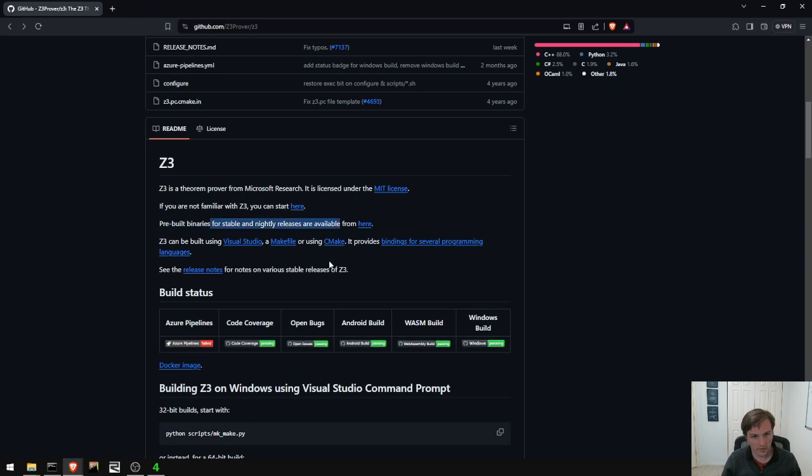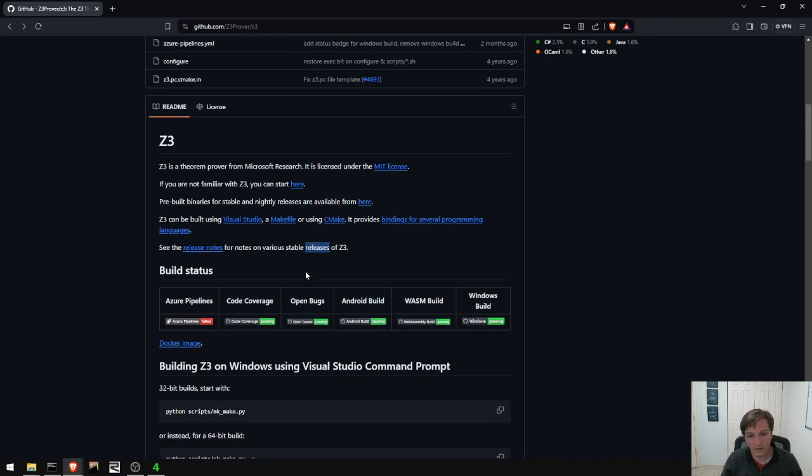Pre-built binaries for stable and nightly release are available from here. Z3 can be built using Visual Studio, a makefile, or using CMake. It provides bindings for several programming languages. So the fact that it can be built with Visual Studio gets us closer to a situation where I can, like, with makefile and CMake, I have to unravel those by reading scripts, whereas with Visual Studio, I can unravel it by opening up the Visual Studio project, at least, because I am familiar with Visual Studio enough to maybe see what the build targets look like there and what the options are.